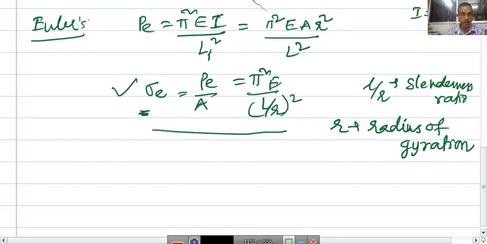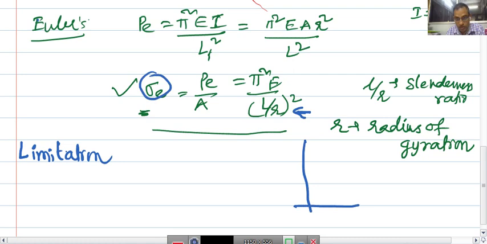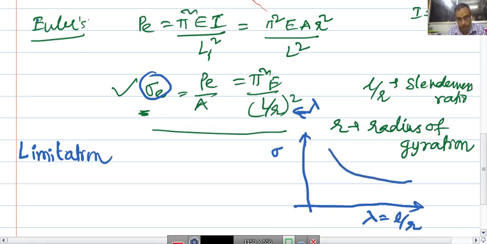So, then we went on finding the limitation of this theory, because he has not counted one important point. If you try to plot lambda versus stress, lambda in x axis, this is also called lambda, L by R, and this side is your stress, the curve goes something like this, and that is all, it is going to break.